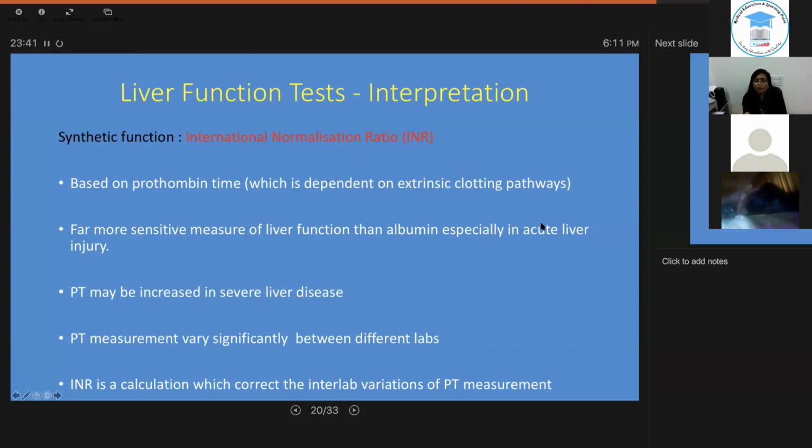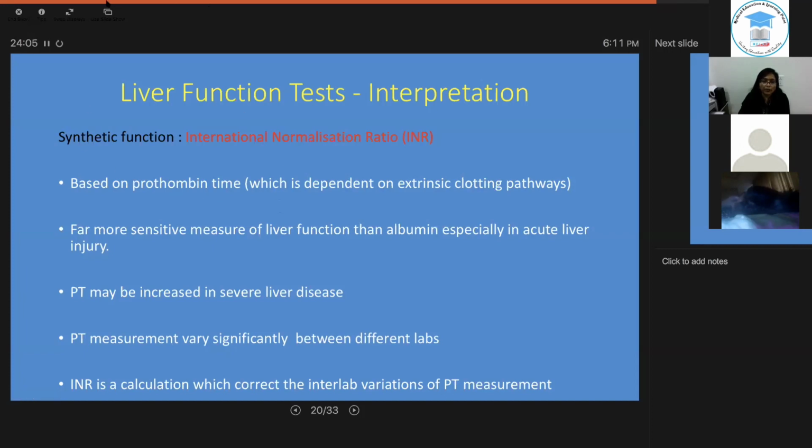Why? Because the half-life of albumin is 3 weeks. So in acute liver failure, for albumin to come down and to be assessed as a synthetic function of the liver will be too early. But by just looking at PT-INR, we can come to know there is acute liver injury.